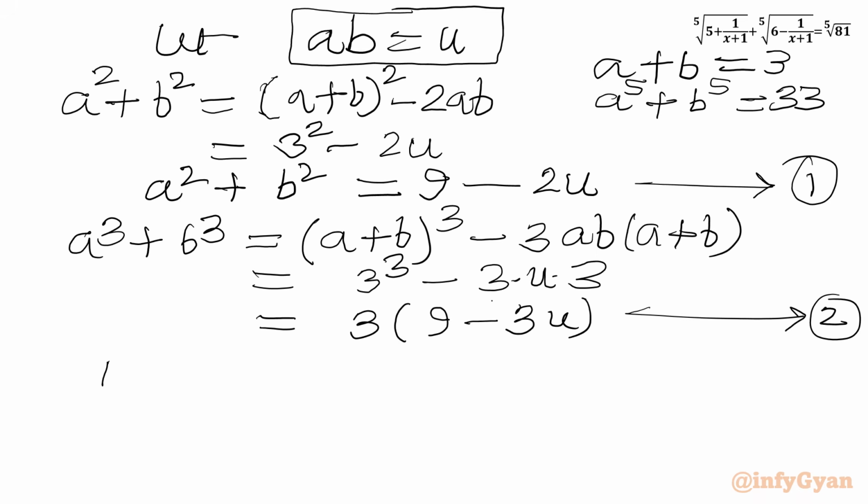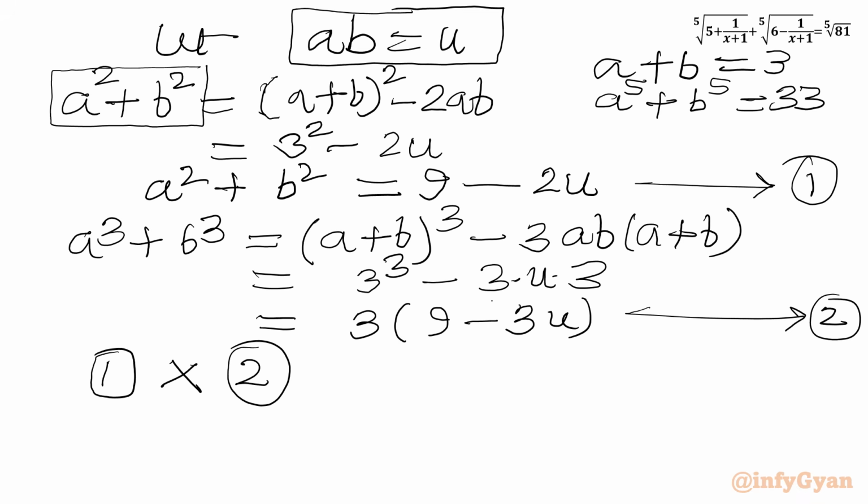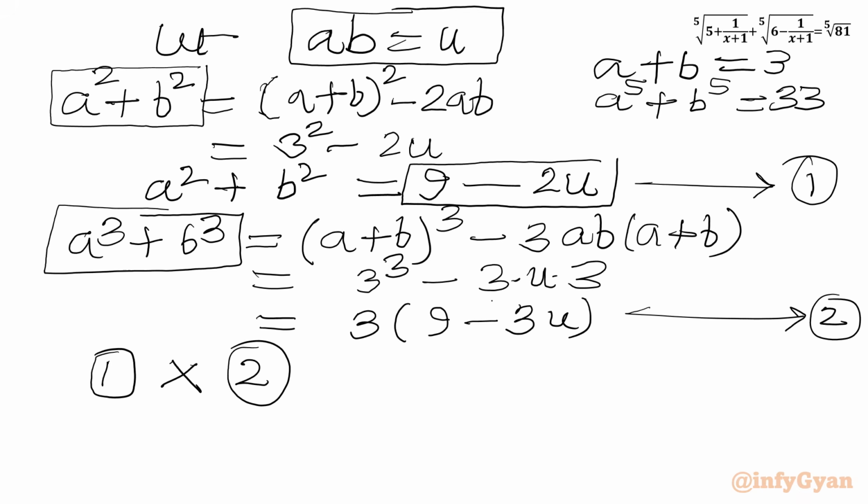Now I am going to multiply equation 1 with equation 2. So we have a square plus b square on the LHS and a cube plus b cube on the LHS, which will be multiplied. And on the RHS we will multiply 9 minus 2u with 3 times 9 minus 3u.